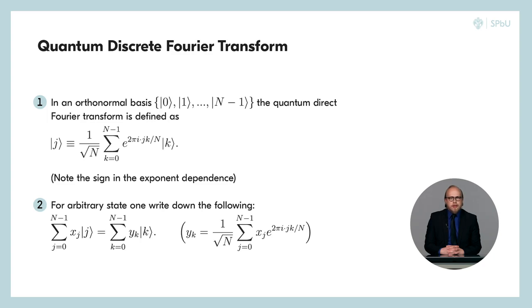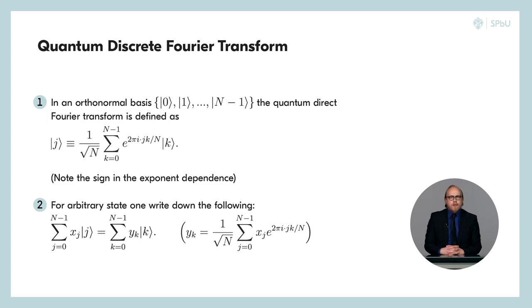It may seem that the sign of the exponent argument has changed in the quantum transform, unlike the classical one. In fact, there is nothing wrong here, and it is just a notation feature. It is accepted that for the direct quantum Fourier transform, we transform the state j, and the expression on the right is the result of this transform.